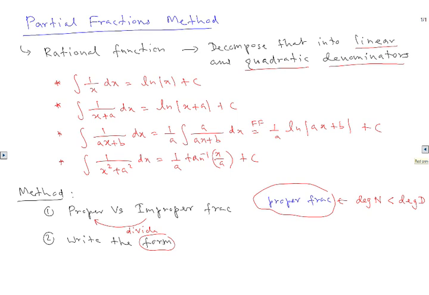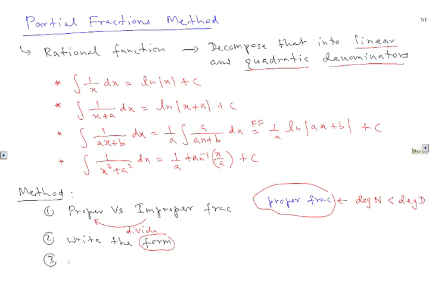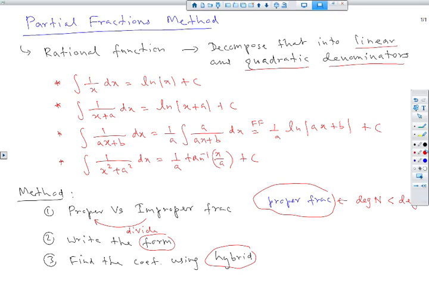And then after you write the form, you're going to notice that there are some coefficients. So what we're going to do is find the unknown coefficients, using the hybrid method. The book doesn't use that, but we're going to use the hybrid method because that's the fastest method.